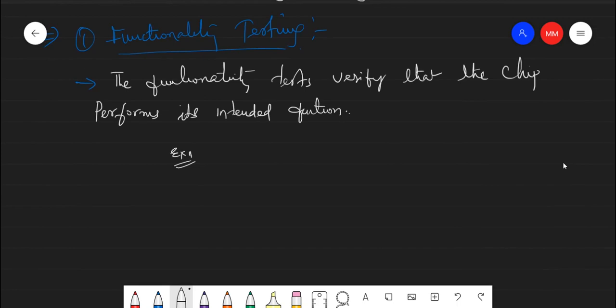Functional testing simply involves proving that the circuit functionality is equivalent to some specification.